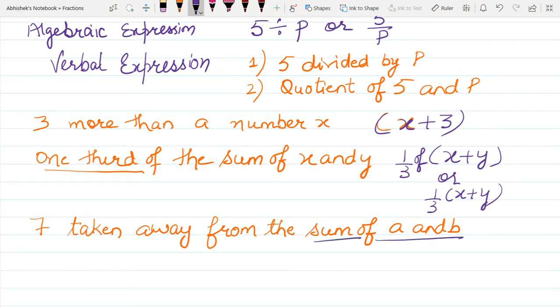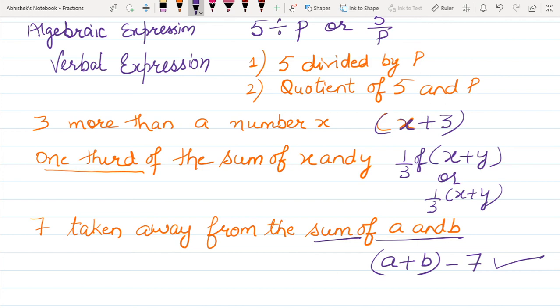It means first we want the sum of A and B, and the sum of A and B is A plus B, and then 7 taken away from the sum. So the sum comes first and then 7 is taken away from the sum. So this is the verbal expression and this is its algebraic expression. I hope it is clear to you.